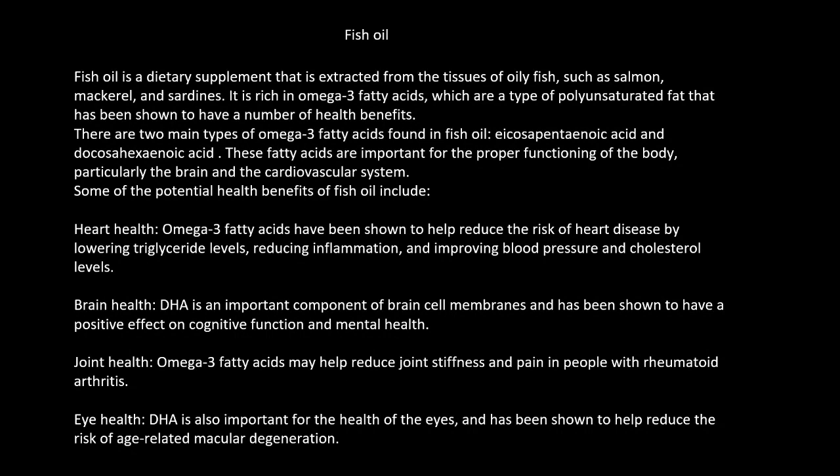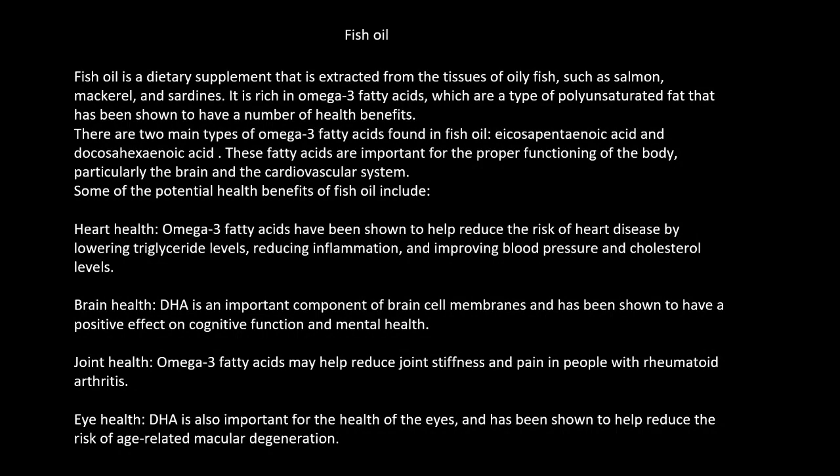These fatty acids are important for the proper functioning of the body, particularly the brain and the cardiovascular system. Some of the potential health benefits of fish oil include heart health. Omega 3 fatty acids have been shown to help reduce the risk of heart disease by lowering triglyceride levels, reducing inflammation, and improving blood pressure and cholesterol levels.